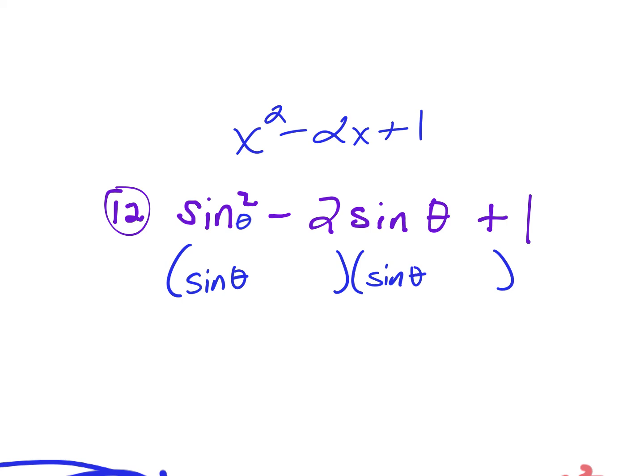What times what gives me a positive 1 when I multiply, but a negative 2 when I add? Minus 1, minus 1. Okay, that's simplified. That's all you could do. When you have a quadratic where the trig functions are the same, one's squared, one's not, you're just going to factor it.